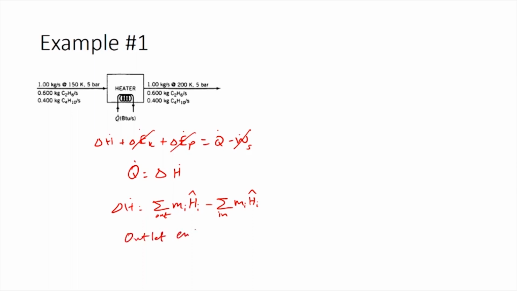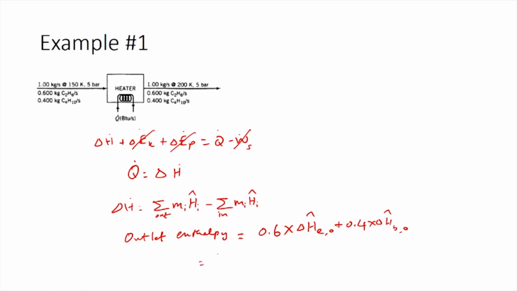Outlet enthalpy would be equal to 0.6 kilograms of ethane times the ΔH-hat of ethane in the outlet plus 0.4 kilograms of butane times ΔH-hat of butane in the outlet.